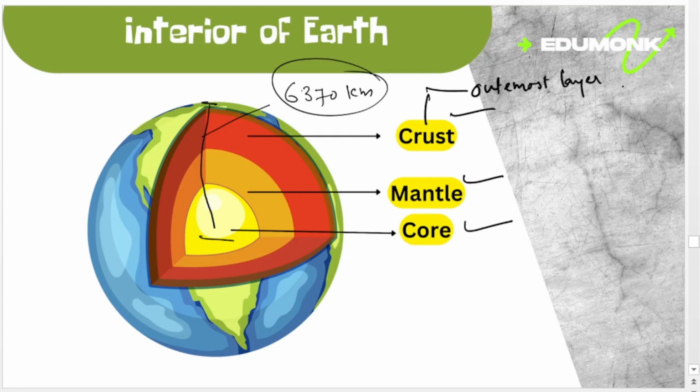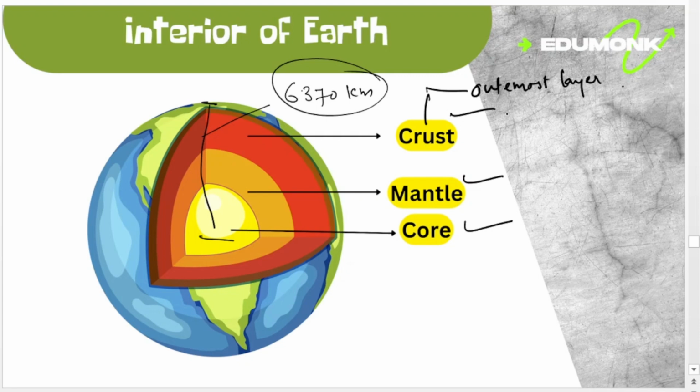The thickness of crust varies under oceanic and continental areas. In continental areas, the thickness of crust is high, and in oceanic areas, the thickness of crust is low. The continental crust is the thicker one. While we are looking at the Himalayan regions, the thickness of the crust is around 70 to 100 kilometers.